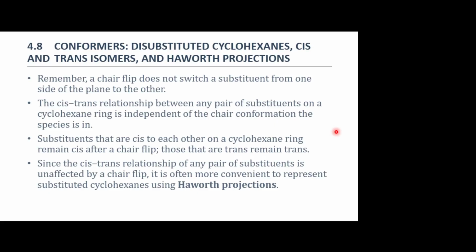No. It's the same thing as a chair conformation change, isn't it? So things that are above the ring are not going to change. Things that are below the ring are not going to change. But whether it's axial or equatorial, that's going to change, isn't it? Its orientation is going to change. Okay?